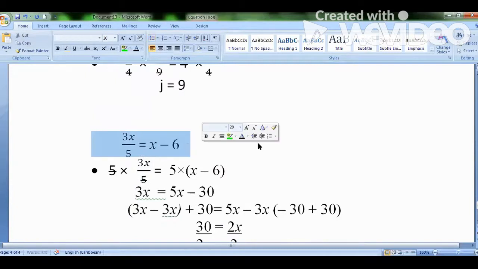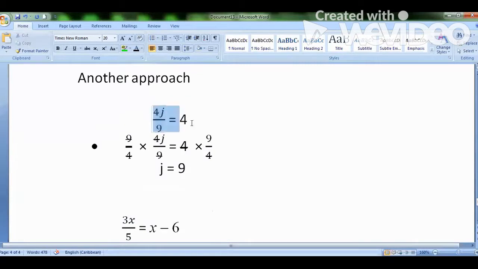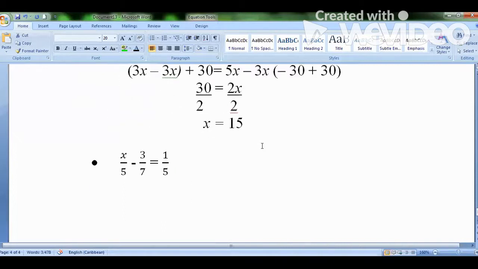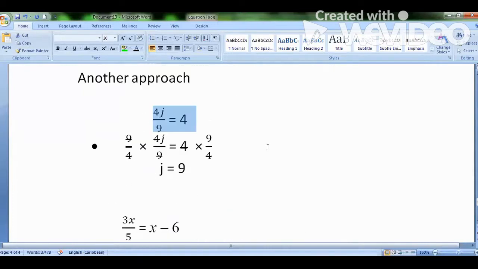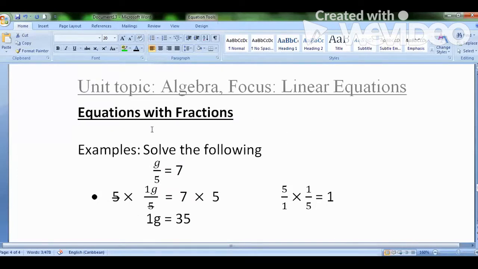What is similar? Anybody? All of them are equations with what? With fractions, that's true.